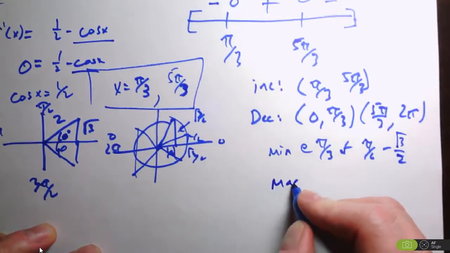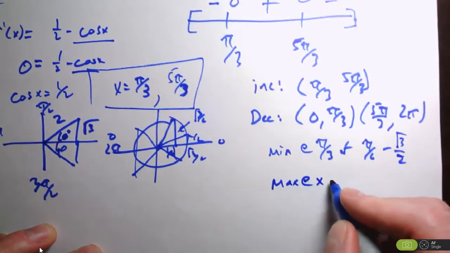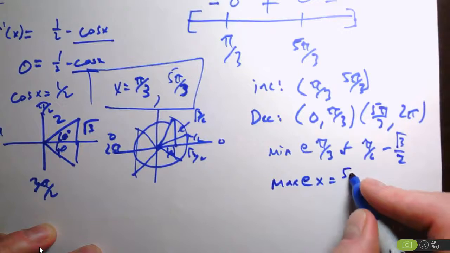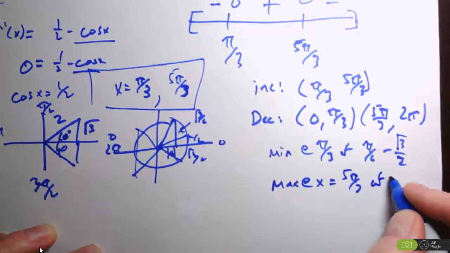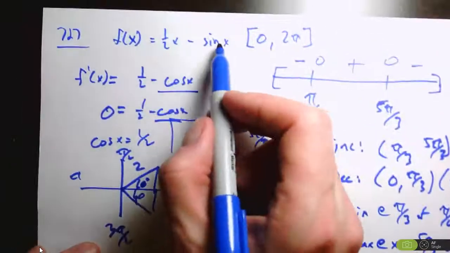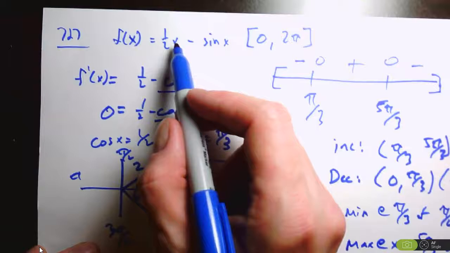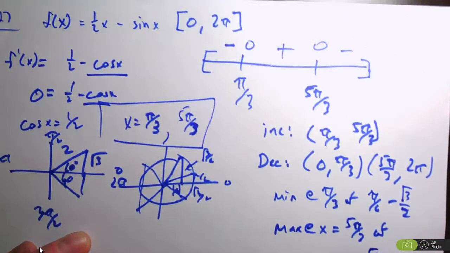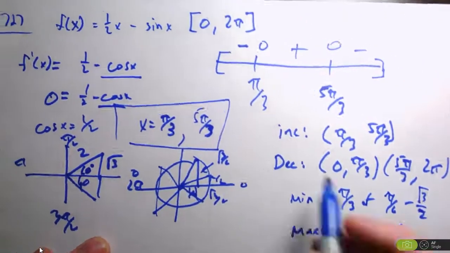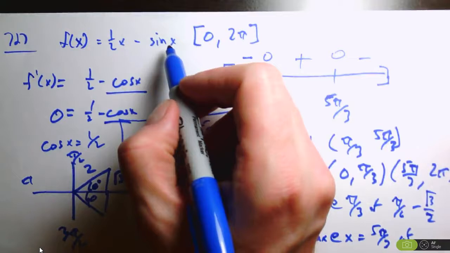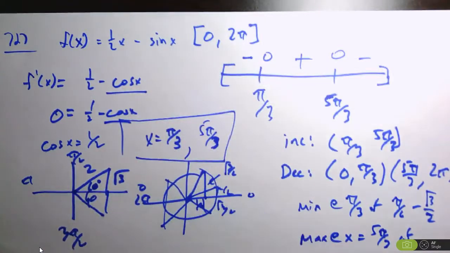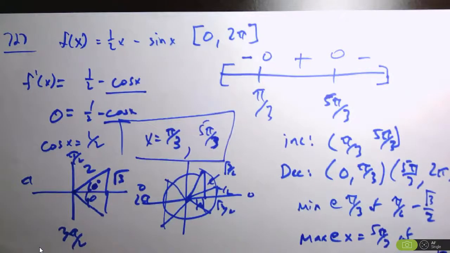You have a max then at x equals 5 pi over 3 of, again, plug 5 pi over 3 in, well that's 5 pi over 6. Minus, now here's the deal, I'm going to plug in 5 pi over 3, that's going to actually give me a negative root 3 over 2, so plus root 3 over 2.